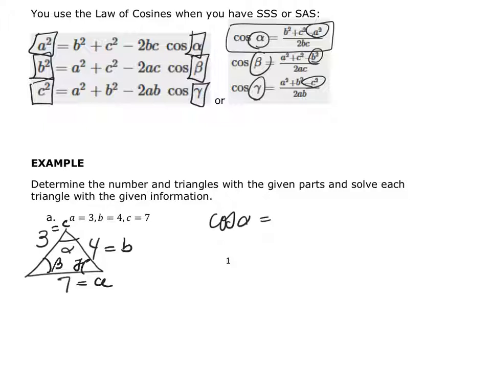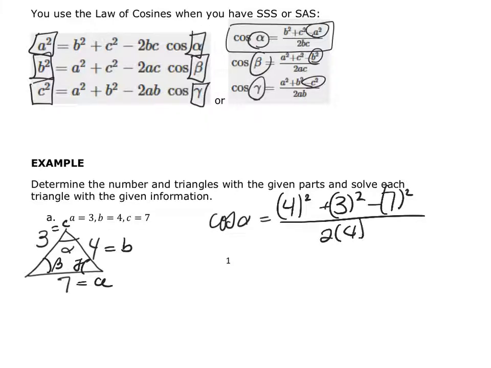So the cosine of alpha is equal to 4 squared plus 3 squared minus 7 squared all over 2 times 4 times 3.